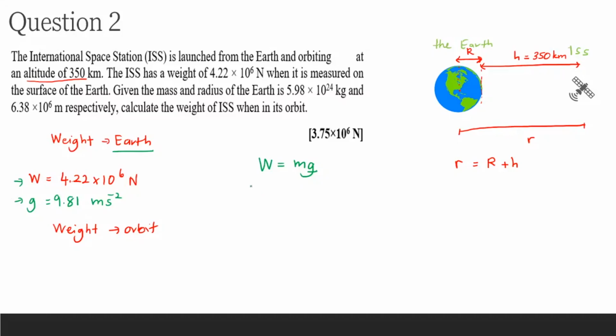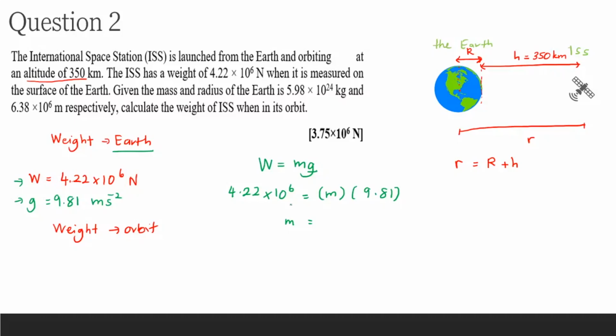Okay, dekat sini W kita 4.22 exponent 6. Mass is the one that we're trying to calculate. g is 9.81. Then mass of ISS. Okay, by the way, mass is the same everywhere. Kamu dekat mana pun, kita punya mass memang akan sama.